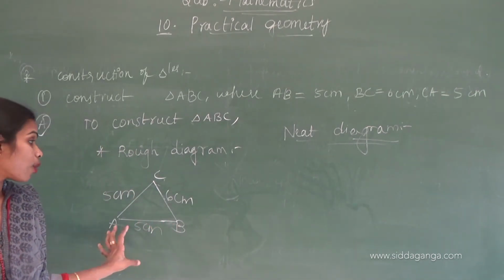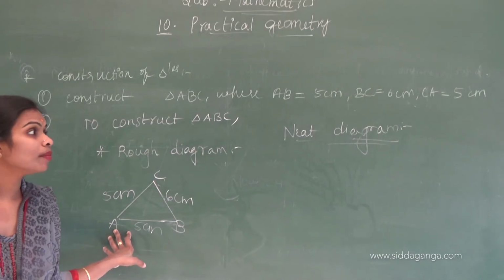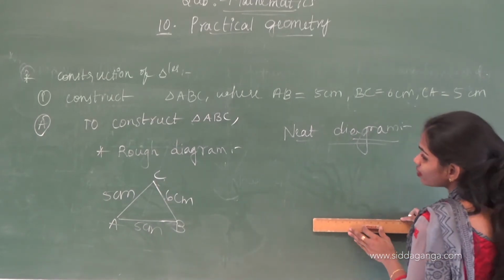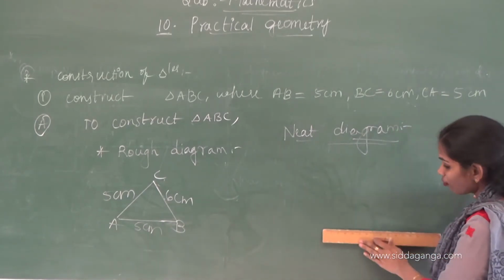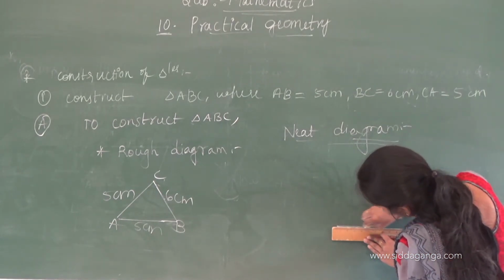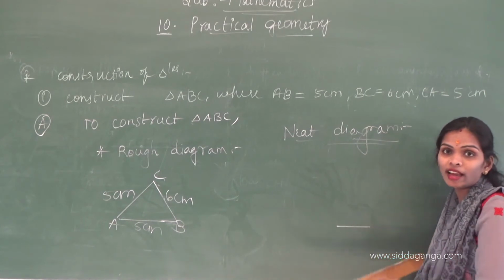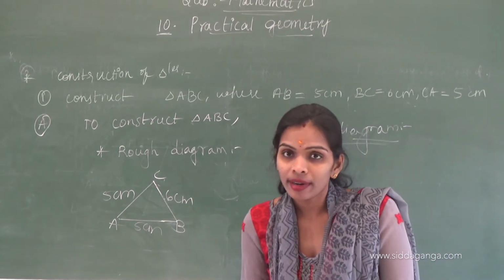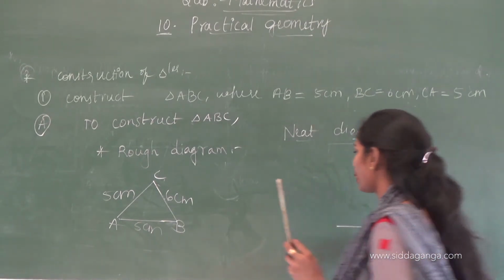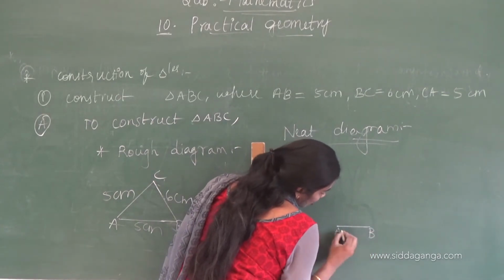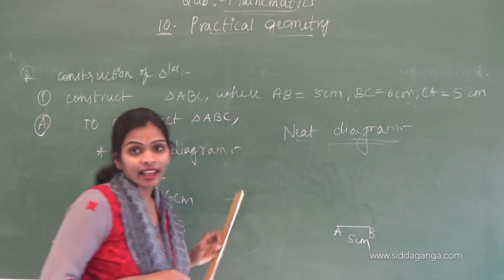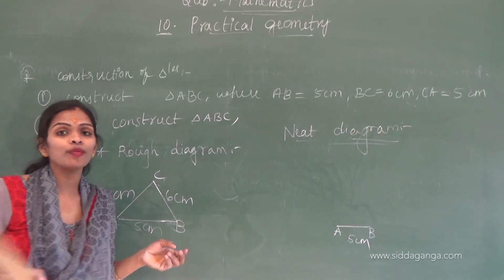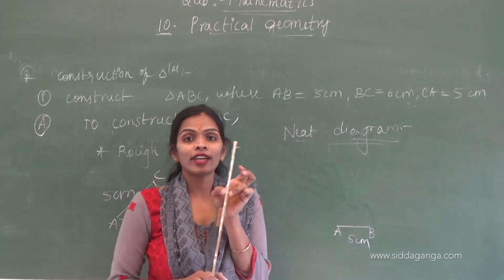That's why I am drawing a rough diagram. Here, I am taking one base AB of 5 centimeters, correct? Then AC should be 5 centimeters.